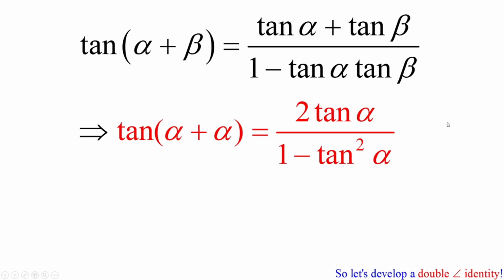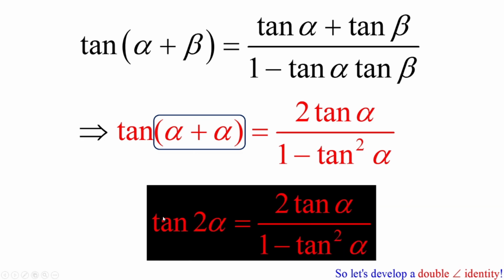And there's our identity for tangent of 2 alpha, but let's rewrite it in a better form. So tangent of 2 alpha equals 2 tangent of alpha over 1 minus tangent squared of alpha. And we have just developed all of our double angle identities for sine, cosine, and tangent. And remember, cosine has 3 separate identities.